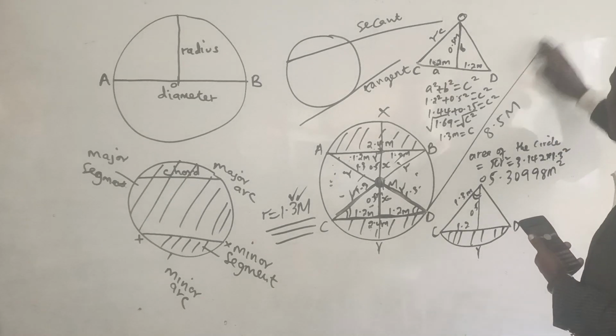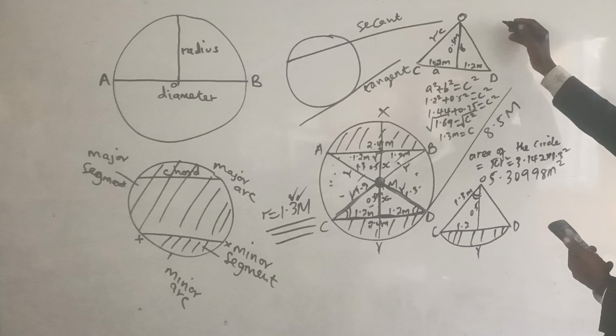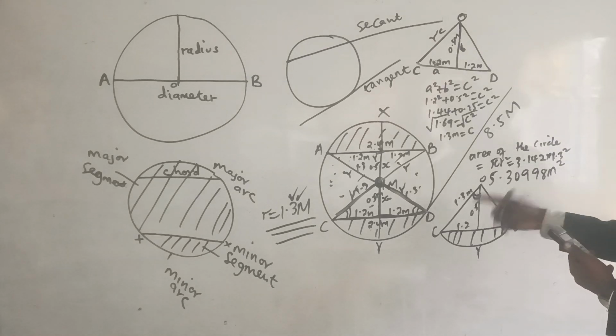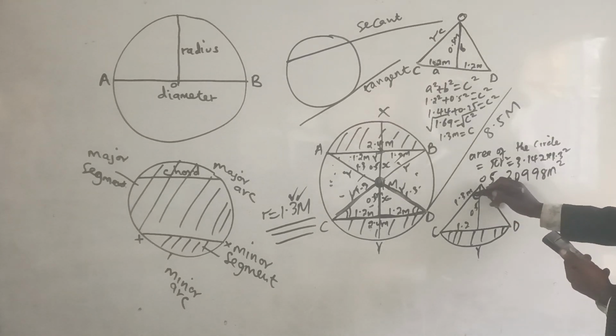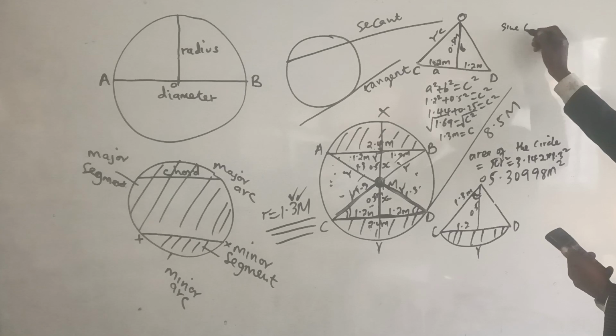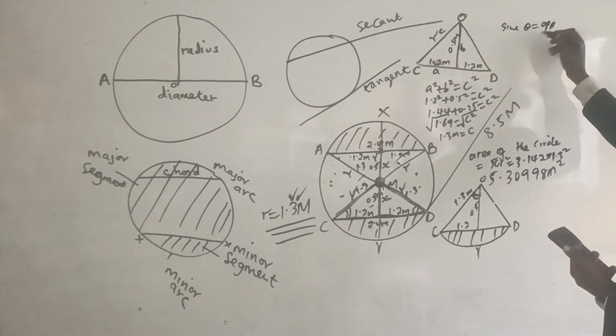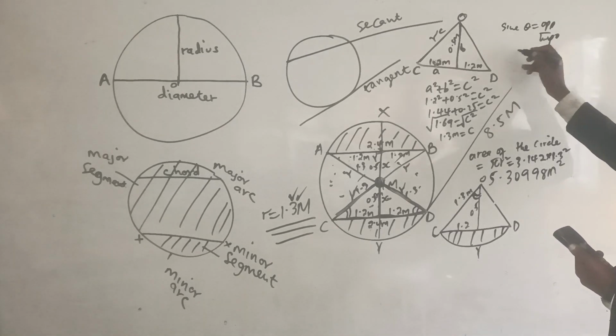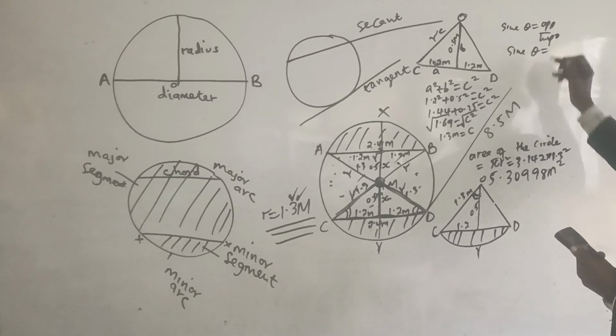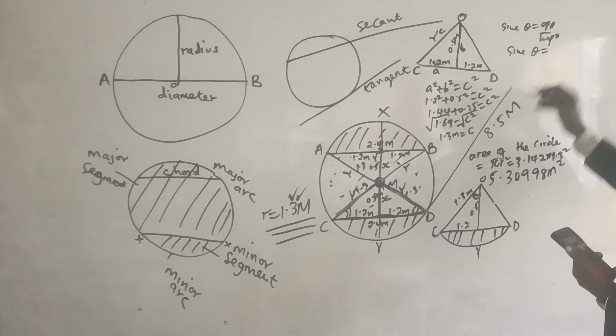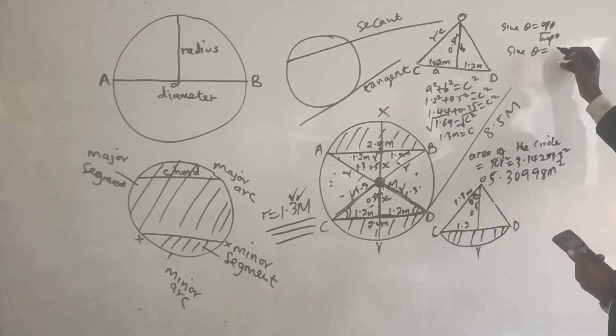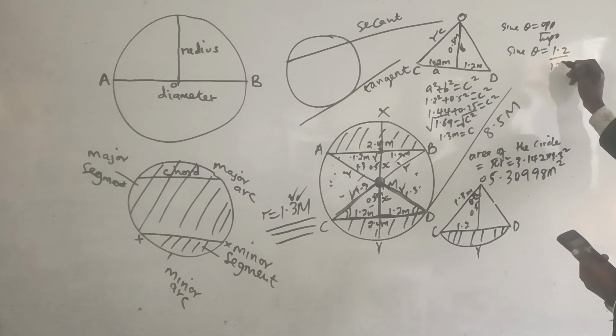So I'll use sine to get the angle at this point. Sine theta is equal to opposite over hypotenuse. My opposite is 1.2, and this is theta, the angle I'm looking for. Opposite is 1.2, hypotenuse is 1.3.